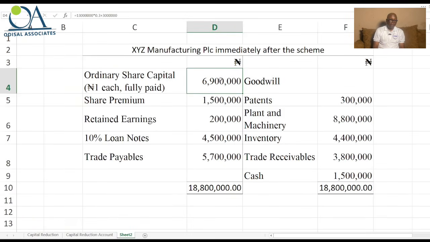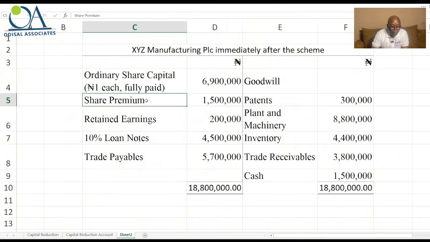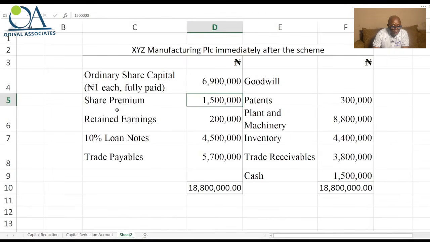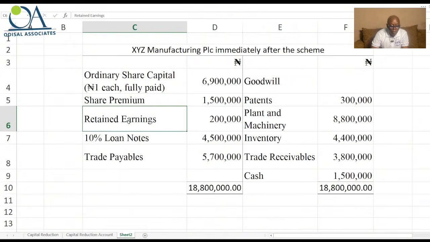The 3.9 million from the old shares that we wrote down, plus the 3 million that we issued to the loan note holders. So that's it. Then the share premium we generated from that issue of shares, 1.5 million. And then the profit we had here, that's what we are calling retained earnings.